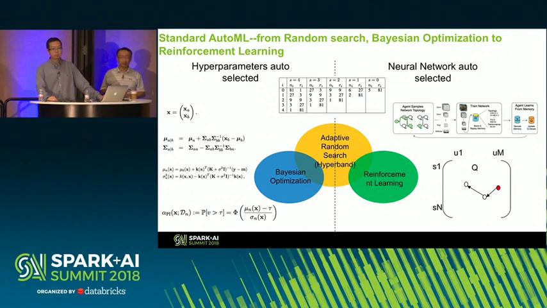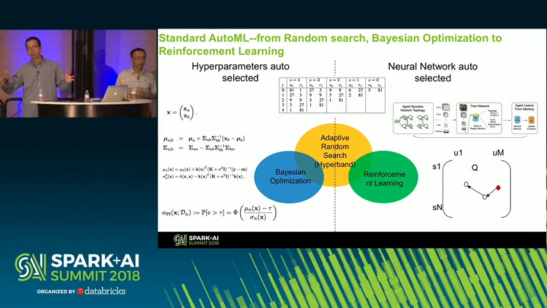You can view it as a balance between exploration and exploitation, and it can be used for hyperparameter search, and it also can be used for neural network search. The other is Bayesian optimization.